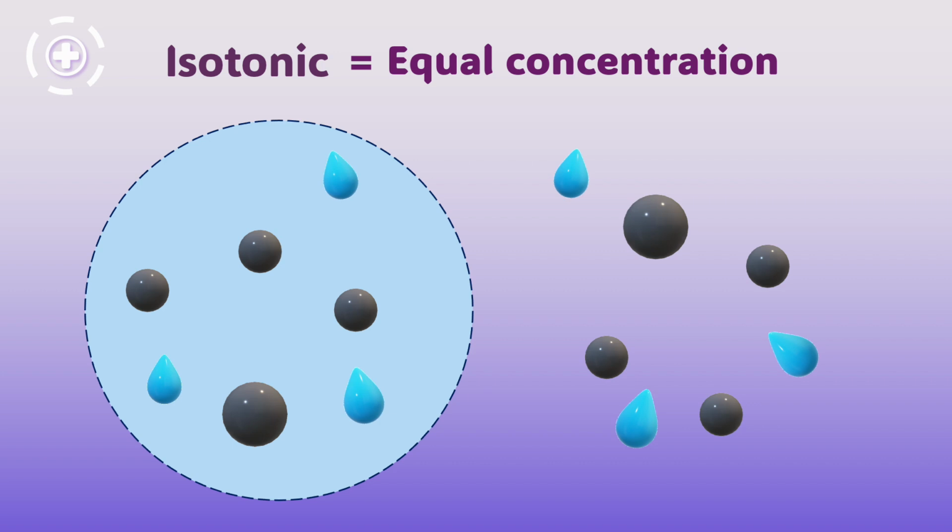In an isotonic solution, solute concentration is equal on both sides. So this means that water moves equally in both directions, and the cell itself will remain the same size, and that is key to remember. With isotonic solutions, because of the equal concentration, the cells themselves will not change size. Water comes and goes freely.